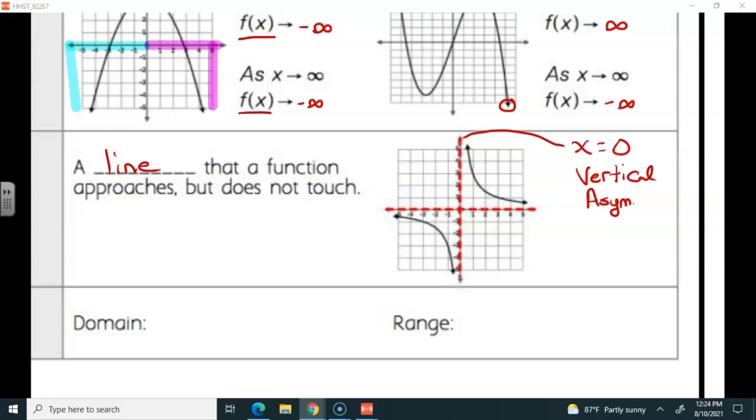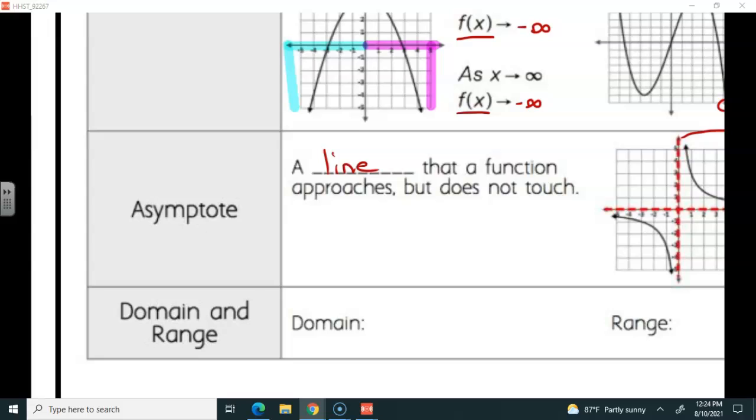And then we also have y equals 0, which is a horizontal asymptote. So those things we'll be talking about more, but you can see that the graph gets really close to those lines, but they don't touch them.